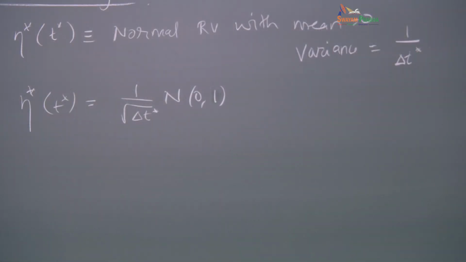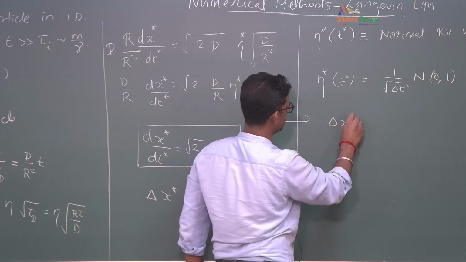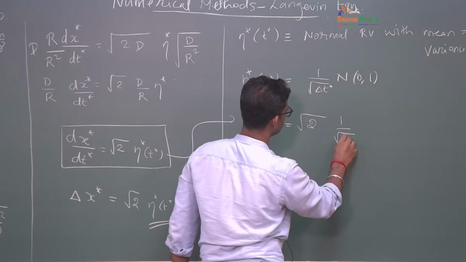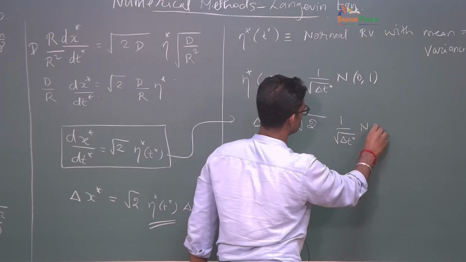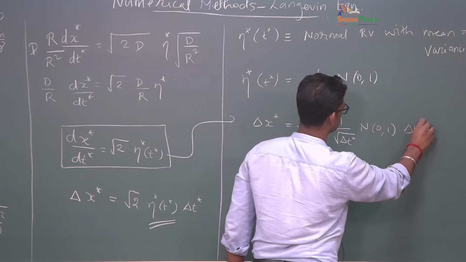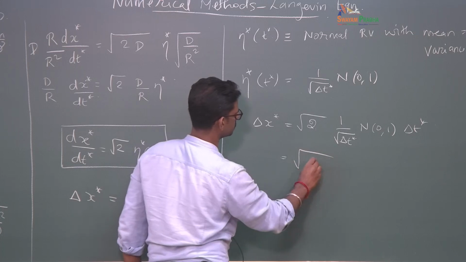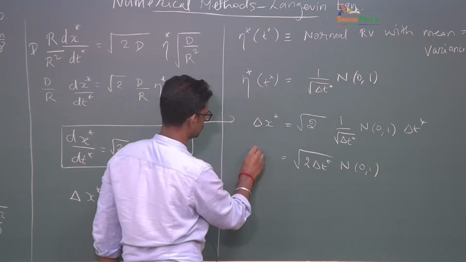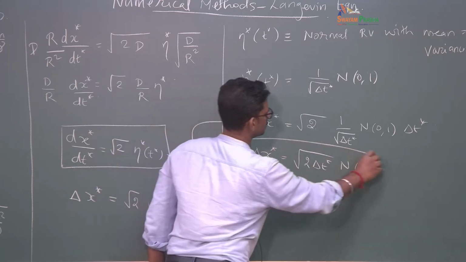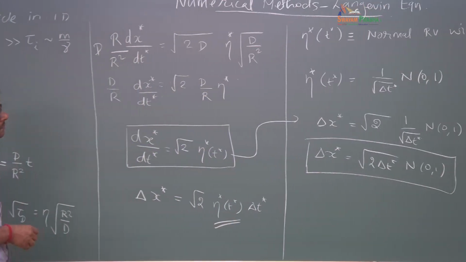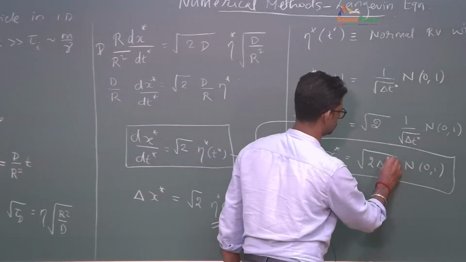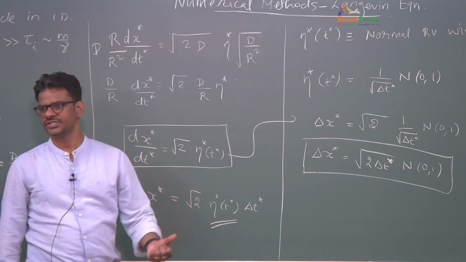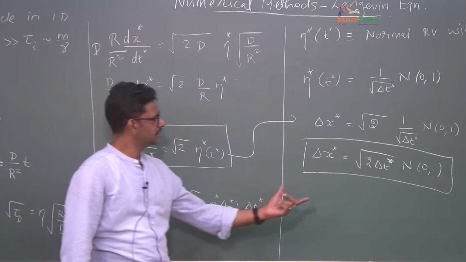So this equation can be written as delta x star is 2... So between two subsequent time intervals, the non-dimensional position changes by this amount.